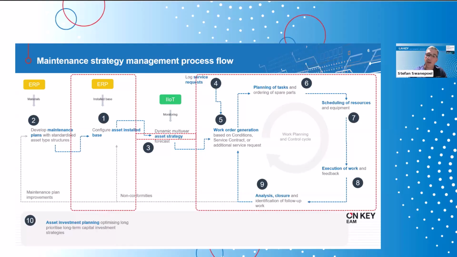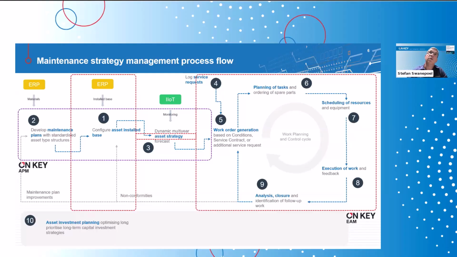So that's the EAM part, the enterprise asset management part of OnKey. And then OnKey also offers functionality in the asset performance management part of the world, where it deals with developing your maintenance strategies, and then also the IoT condition monitoring in-feed into the system, for predictive maintenance and condition-based maintenance, to make sure that you've got dynamic plans that gets executed.